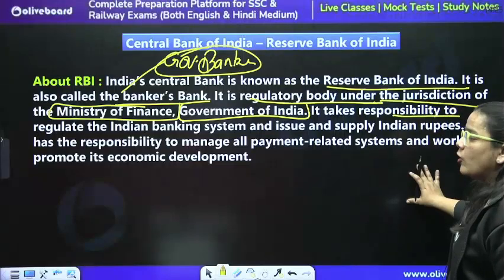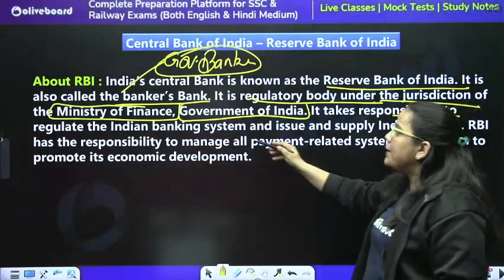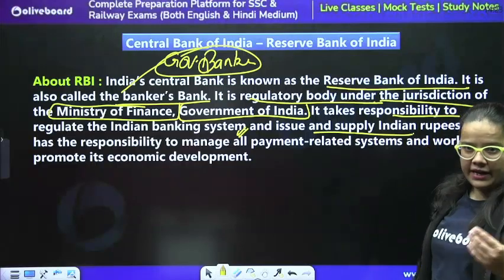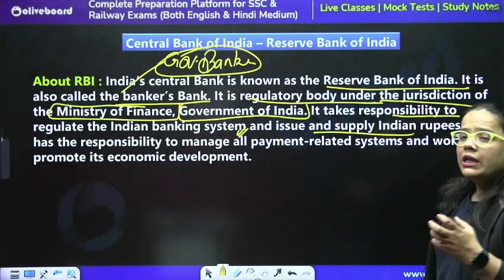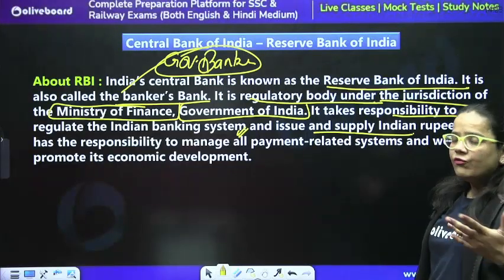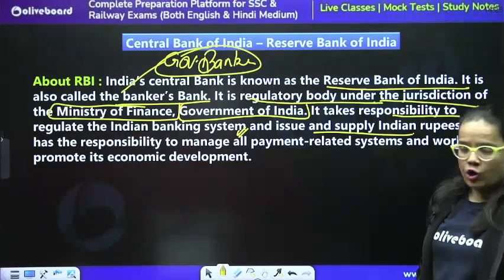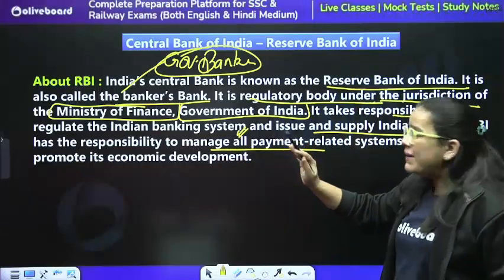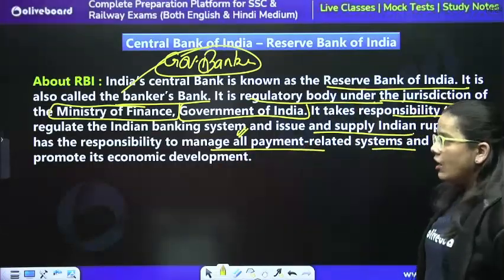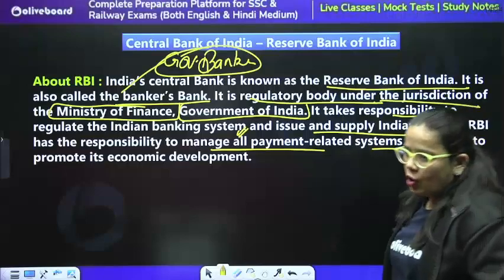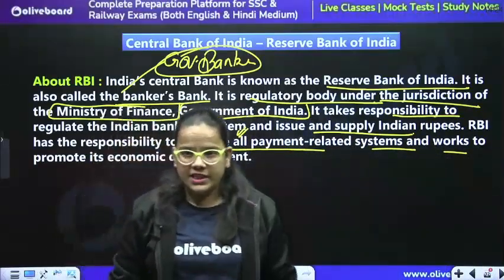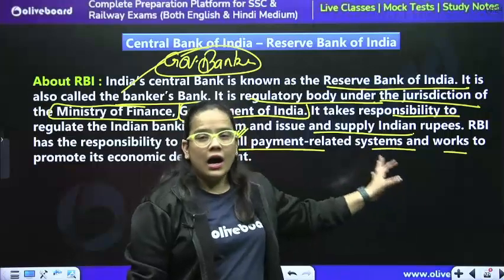It takes responsibility to regulate the Indian banking system, issue and supply Indian rupees, control the market structure, the inflation and different terminology, and has a responsibility to manage all payment related systems and work to promote economic development. So this is the ultimate responsibility, we can say, for the RBI.